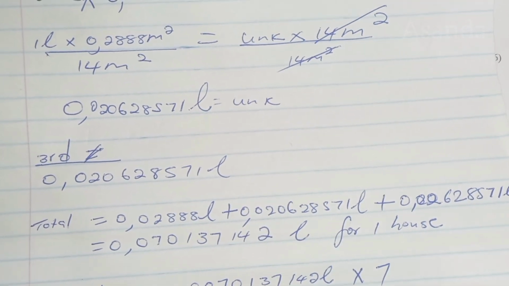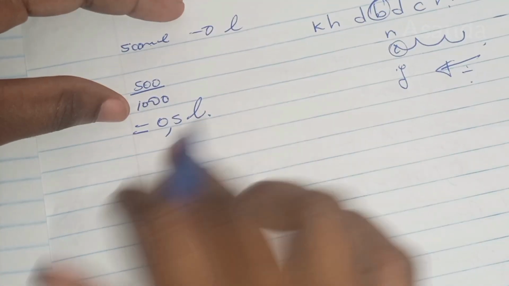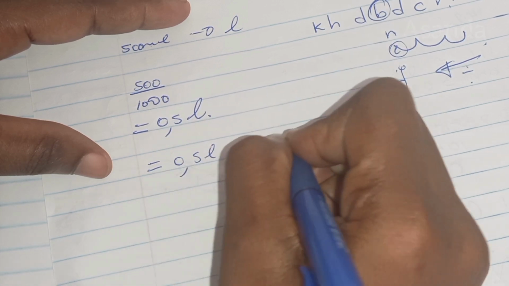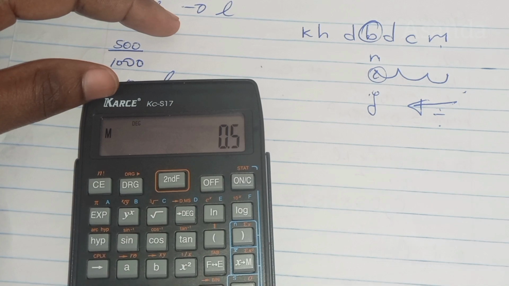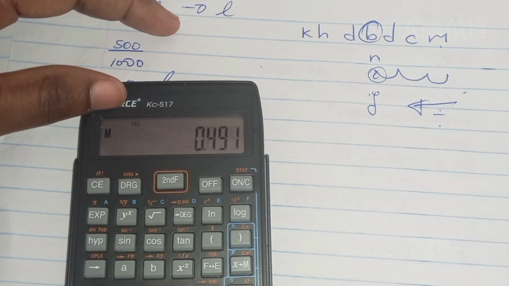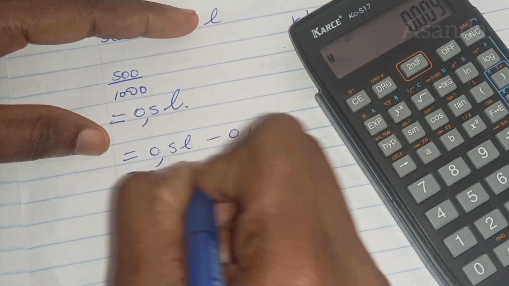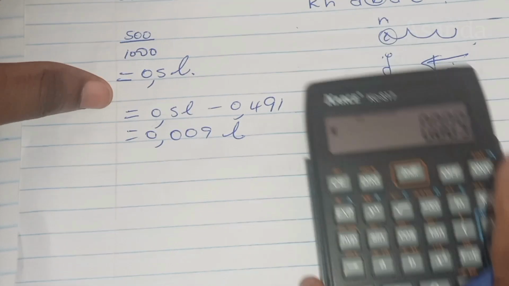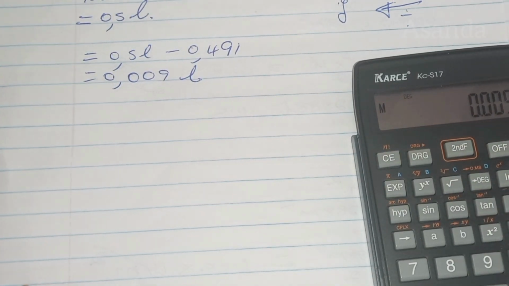So 0.5 liters minus 0.491 liters, he will be left with 0.009 liters. So yes, it will be enough. In fact, there'll still be a little bit left.